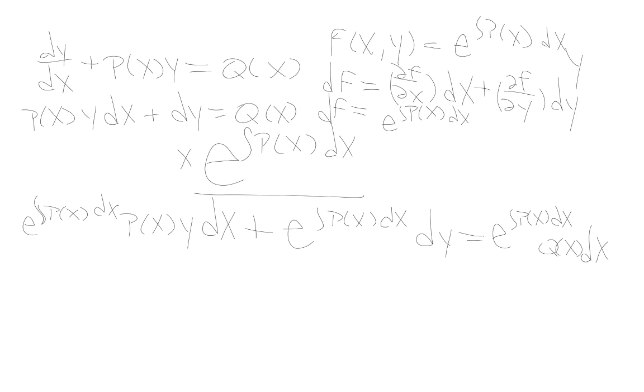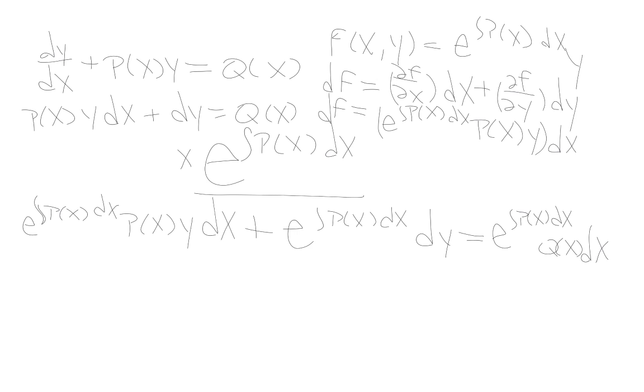And since e is being raised to an integral, the derivative of the integral is just the function. So e to this integral times P(x), and all of that would be multiplied by y, because that would have been a constant, and that would be what df is equal to, and then all of that times dx.